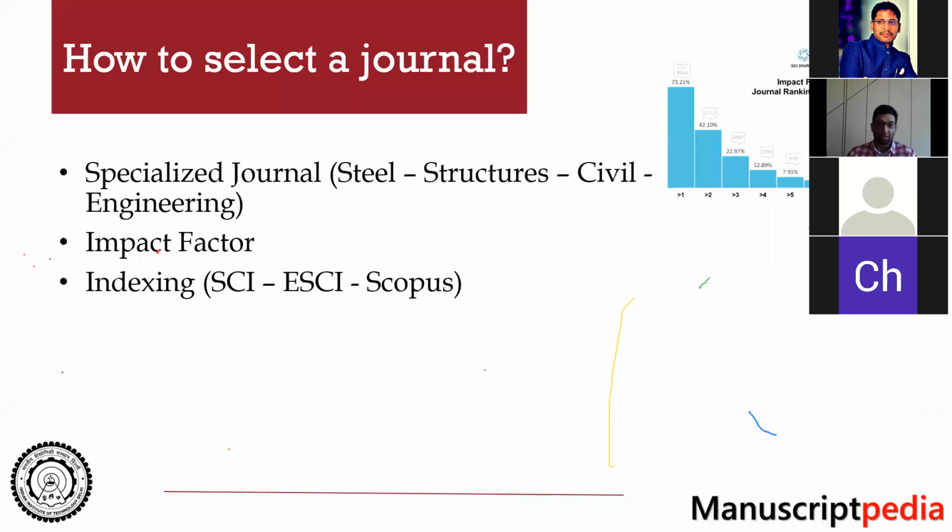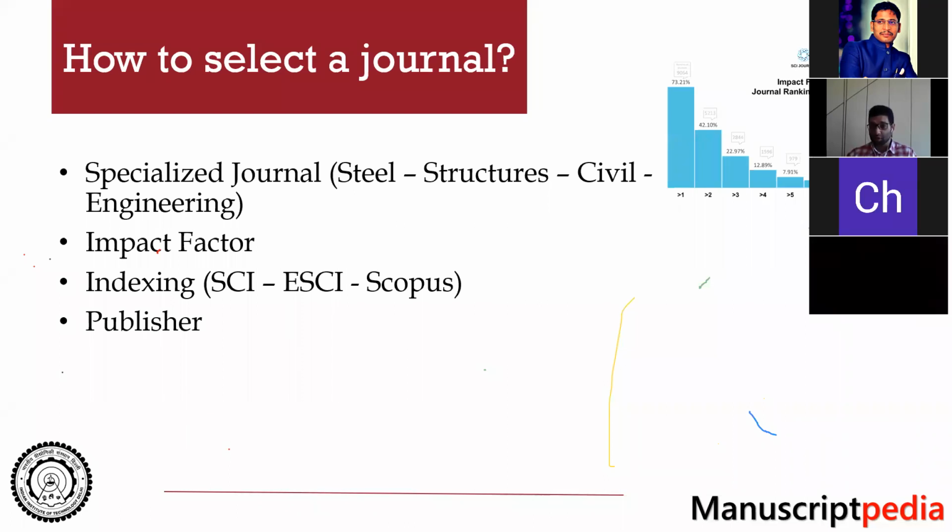Next, what if it doesn't happen to be SCI? Then we should look for ESCI or Scopus, as discussed previously. Next, we should look for a good publisher, because publishers play a very important role in circulating. You have done your good by publishing, and by getting it through the review process.